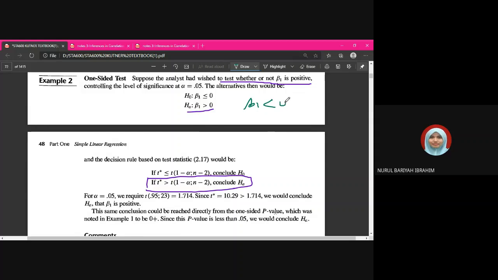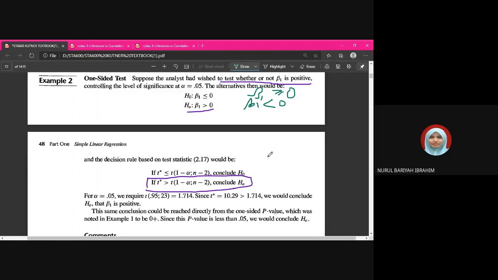Untuk H0, beta 1 more than or equal to 0. Sorry, tak cantik sikit. Nanti saya akan beli pen, but now dia tak sampai lagi. Okay, beta 1 more than or equal to 0 untuk H0, beta 1 less than 0 untuk H1, if we want to test whether the slope is negative.